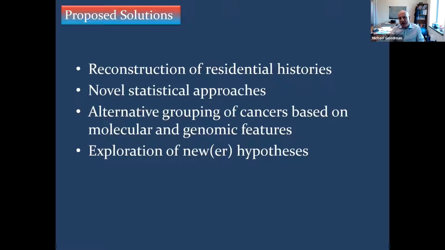So first is reconstruction of residential histories, trying to understand not only where people live now, but what the history of residents, how the addresses change over time, what type of exposures they may have experienced sometime in the past. There are novel statistical approaches that disregard the existing administrative boundaries, such as counties or census tracts, and try to understand the clustering sort of in its pure agnostic form.